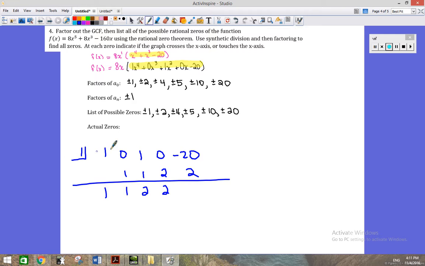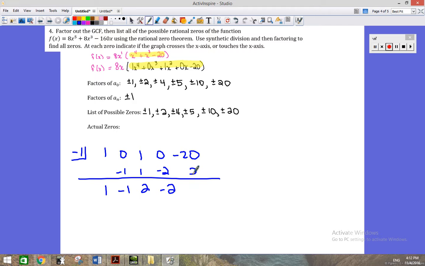So 1 is not a zero. Let's try negative 1 to get it out of the way, and we'll cross it out. So I know this one's not.